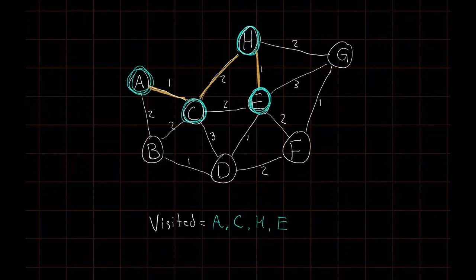So yet again, we have to pick the least weighted edge, and at this point that's going to be E to D. So let's add this one to our group, and we will have visited D.